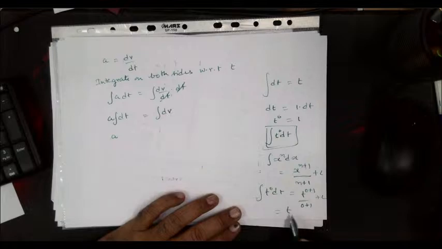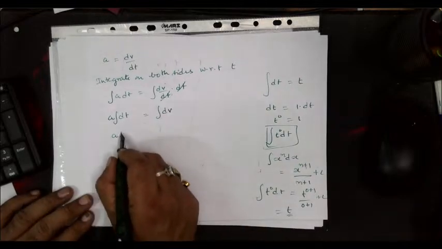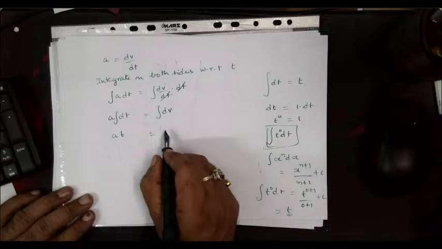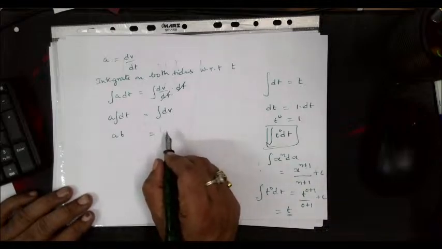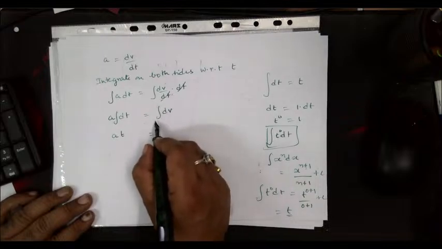That means t. So that is why you can simply put t, and here this becomes v, and this happens between u and v.